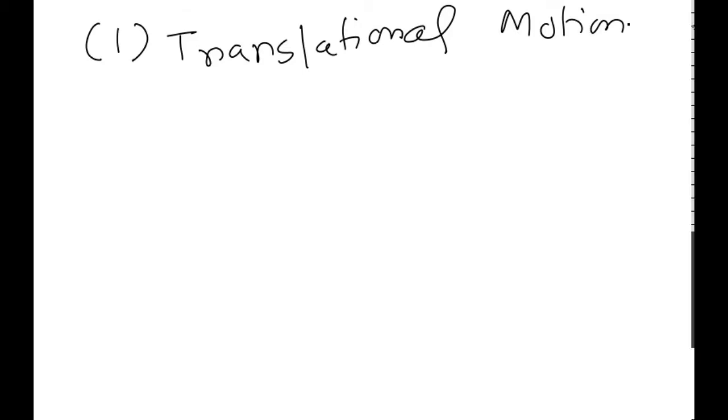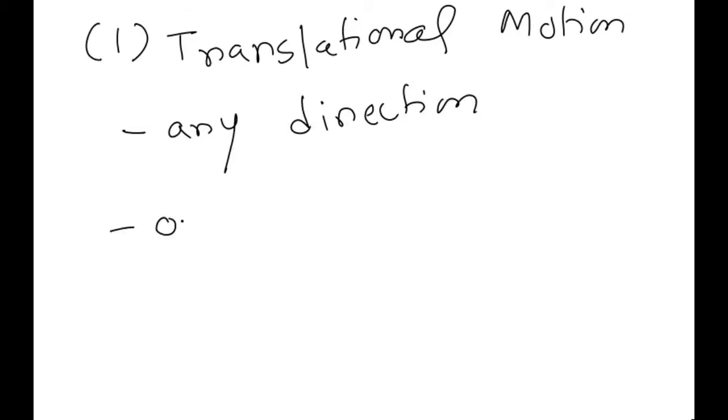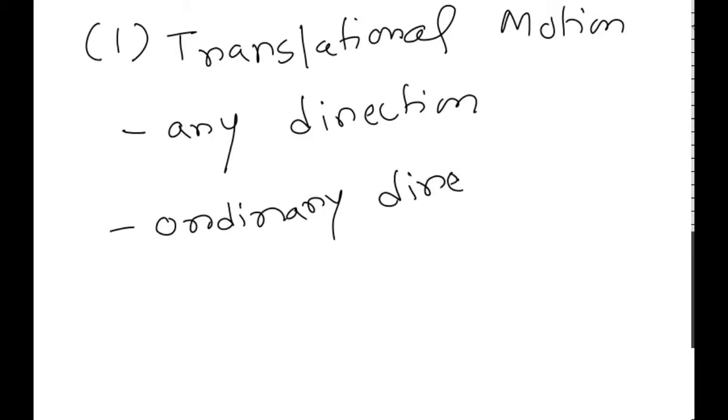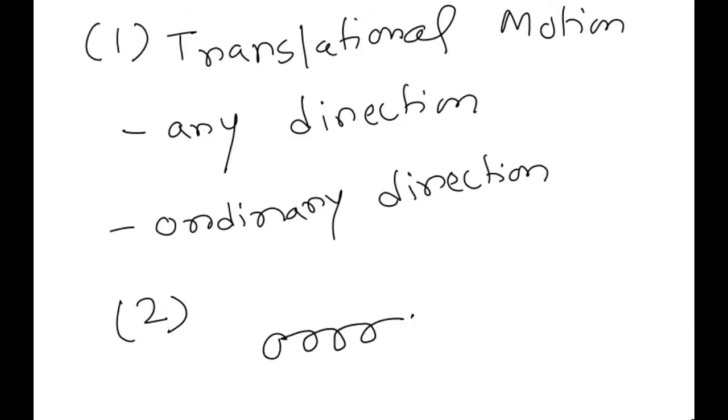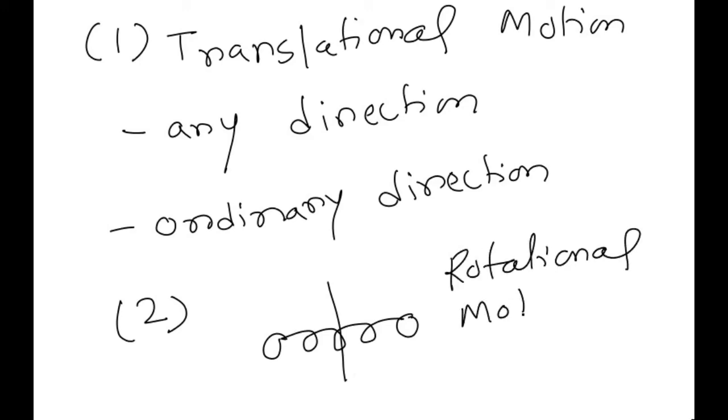The diatomic molecule can have translational motion in any direction in this container at ordinary temperature. The atoms of the molecule can rotate about an axis which passes through the center of mass of this molecule. This rotational motion exists at ordinary temperature too.